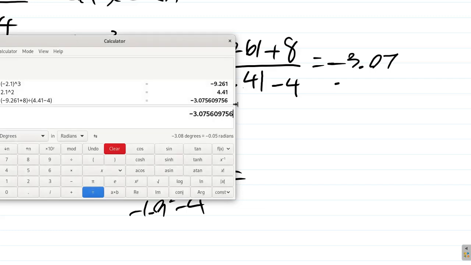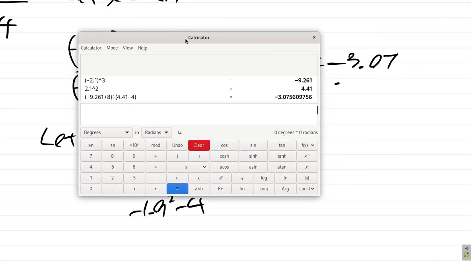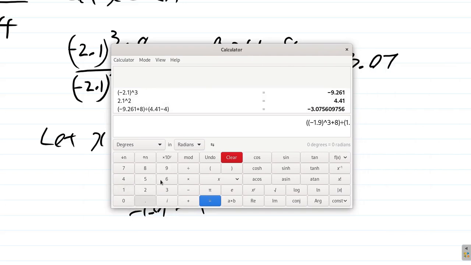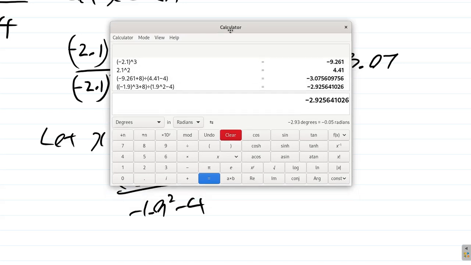So, using our calculator here, negative 1.9 to the power of 3 plus 8, close bracket, over open bracket, negative 1.9 squared, same as 1.9 to the power of 2, minus 4, close bracket, equal negative 2.925 something.